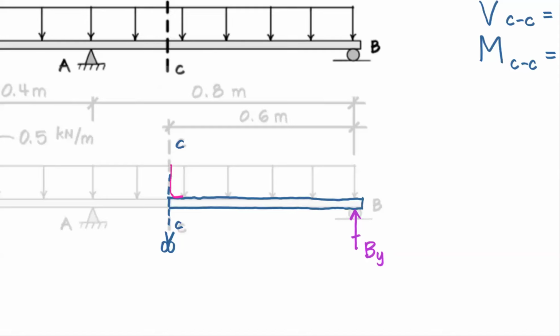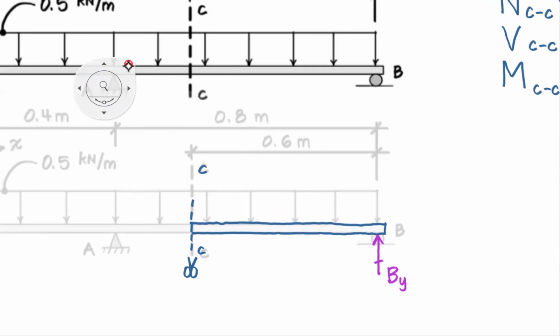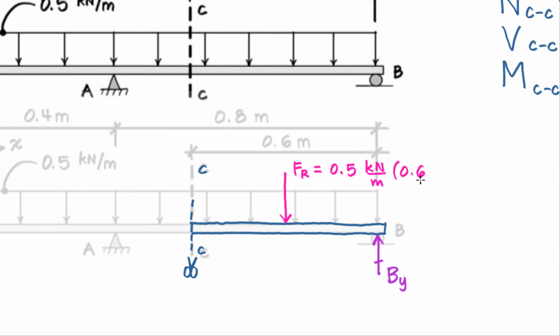The amount of load I want on this free body is equal to that portion of the loading function. The load is 0.5 kilonewtons per meter, and the length of my free body is 0.6 meters.